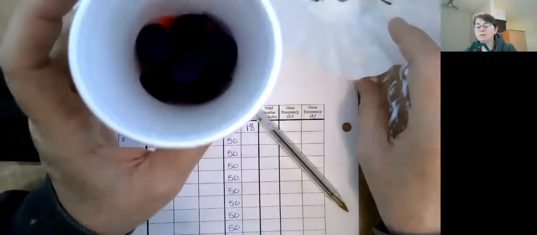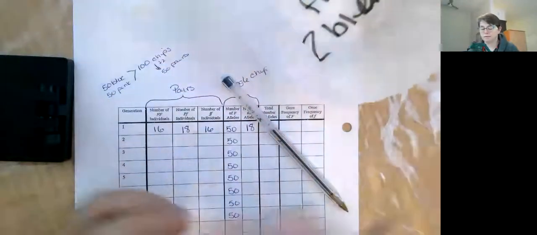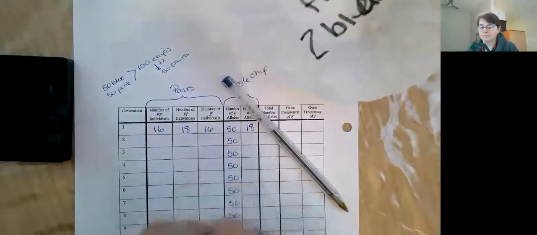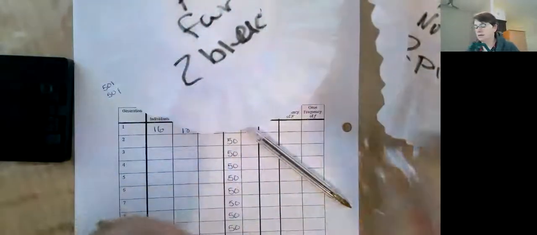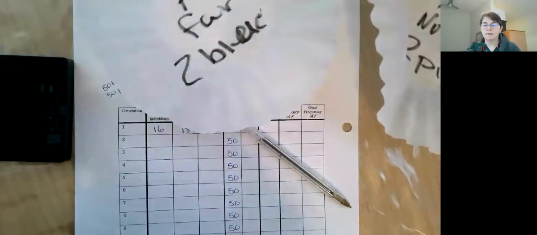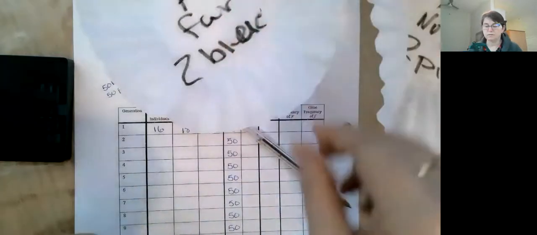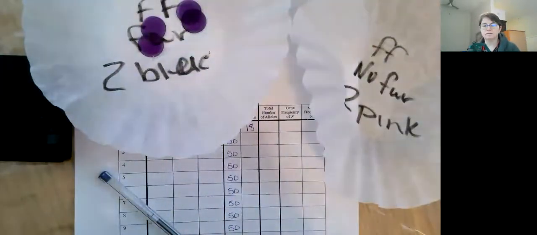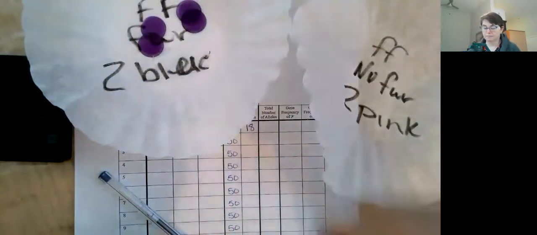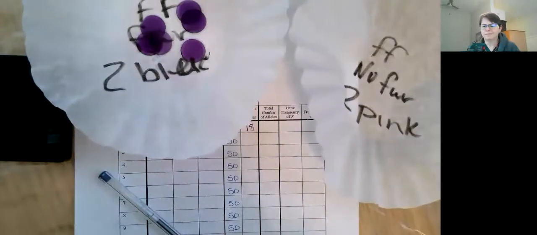We have all the blue chips plus the remaining pink ones. And you go through it and you do it again. So, 2 blue ones. Another 2 blue ones. 2 blue ones. Give it a better shake.